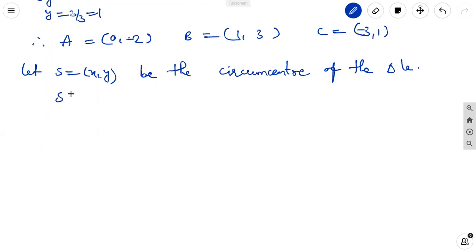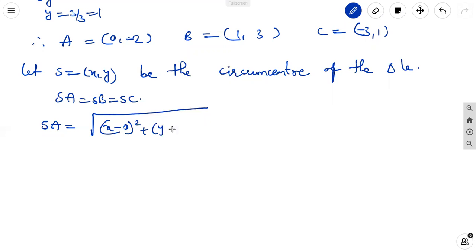So, the relation is SA equal to SB equal to SC. SA equal to under root of x minus 0 whole square plus y plus 2 whole square. Squaring on both sides, SA square equal to x square plus y square plus 2y plus 4.